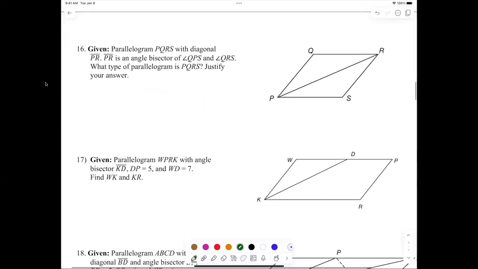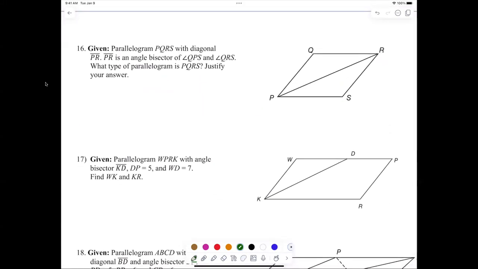All right. Let's look here. Parallelogram PQRS with diagonal PR. PR is an angle bisector of angle QPS. So that means this is equal to this, and over here, this is equal to this.